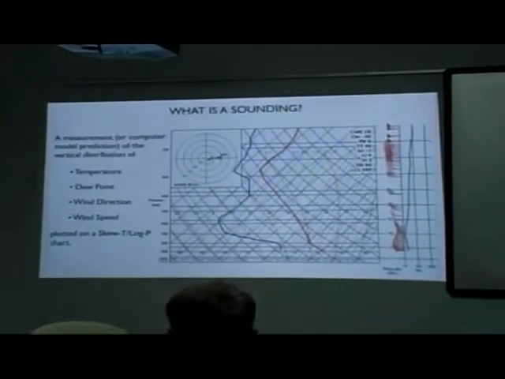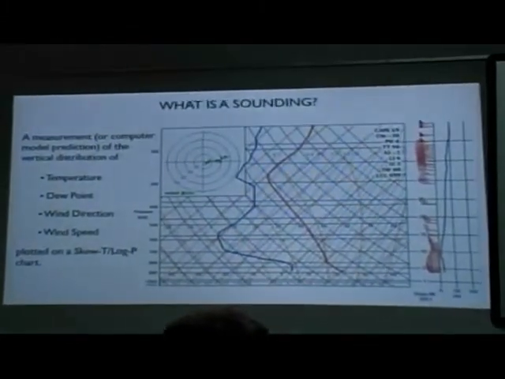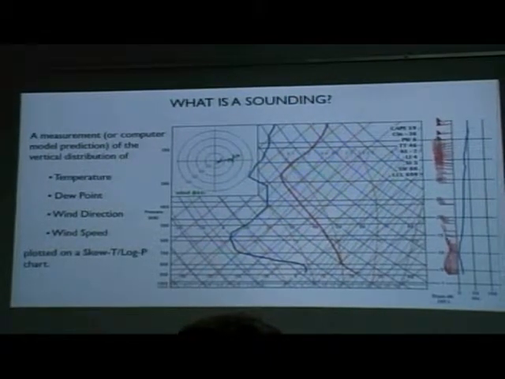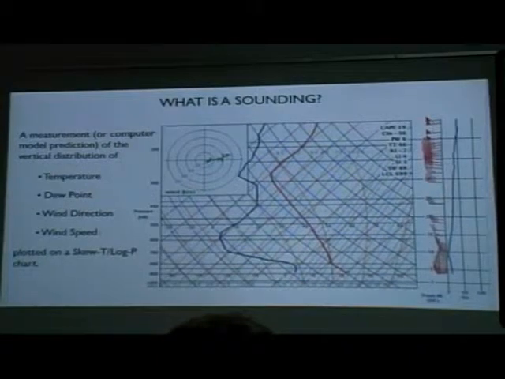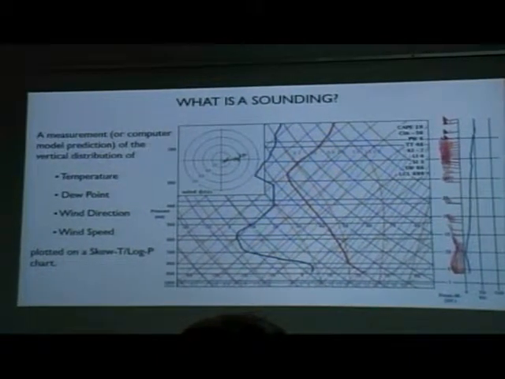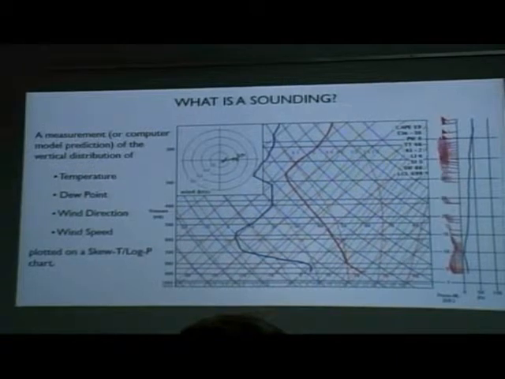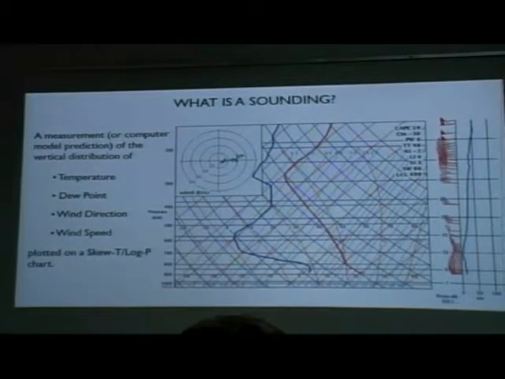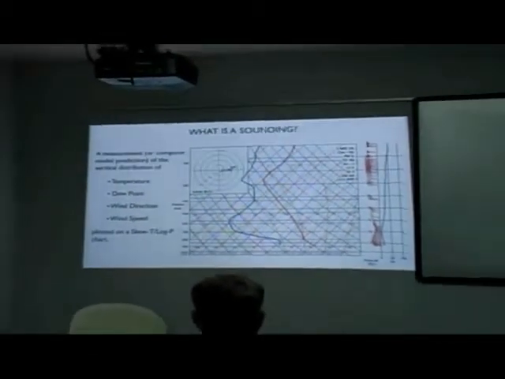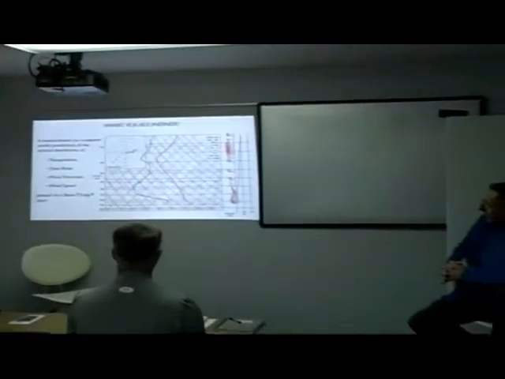So a sounding is simply a bunch of information. It used to be just measurements. They'd send a balloon up at 0 and 12 Zulu everywhere around the world at the same time, and plot the sounding. Now they do forecast models, computer models, so you can get them throughout the day, and they are pretty accurate.